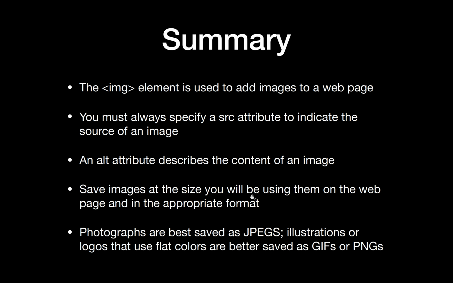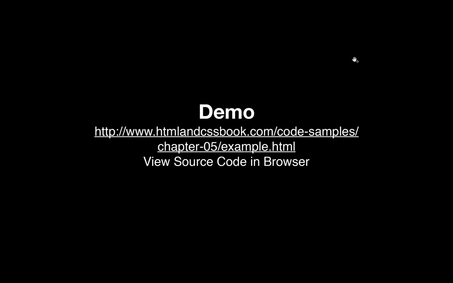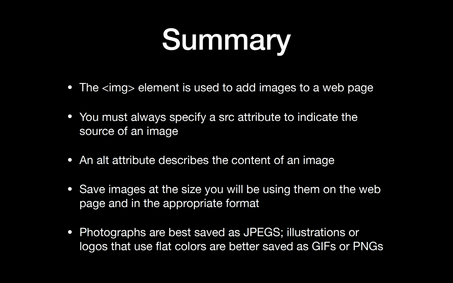Photographs are best saved as JPEGs. Illustrations or logos that use flat colors are better saved as a GIF or a PNG, most commonly a PNG. Okay, so again, for our demo, I'll share the source code with you and we'll do that in class. And that is using images, your image element, and working with images on the web.